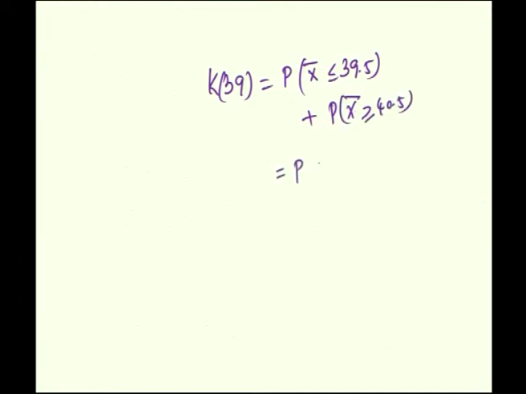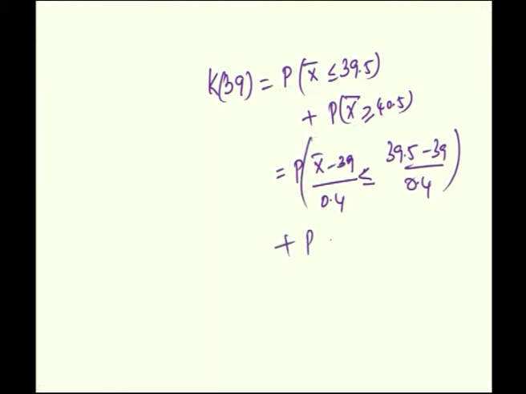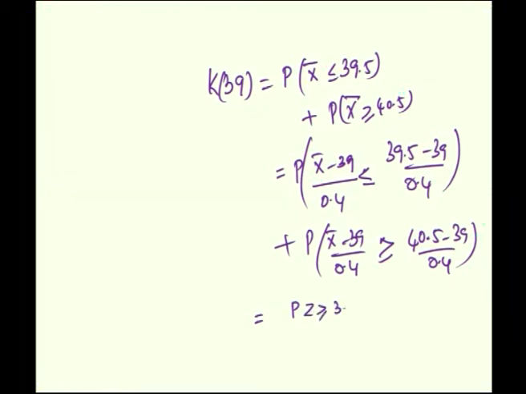So, P of x bar minus 39 by 0.4 less than or equal to 39.5 minus 39 by 0.4, plus similarly P of x bar minus 39 by 0.4 greater than or equal to 40.5 minus 39 by 0.4. These two values come to be equal to P of Z greater than or equal to 3.75 plus P of Z less than or equal to 1.25. From the tables, this is 0.8945.